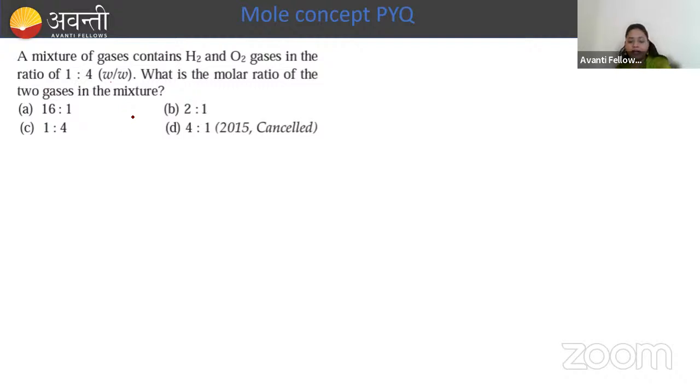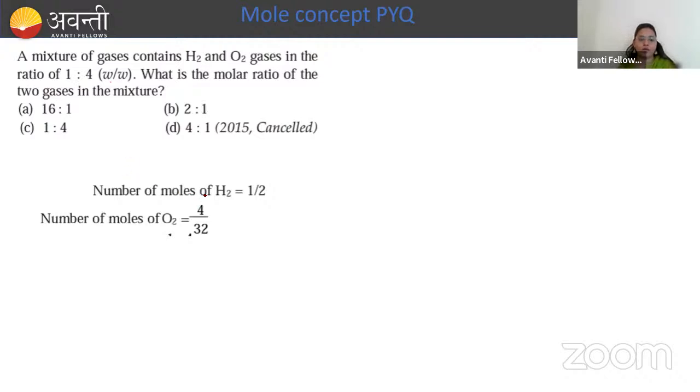From the given data, we can calculate that number of moles of H2 are 1/2 and number of moles of O2 are 4/32. Just put these values and you will know the molar ratio of H2 and O2. So which option will it be? Can you tell me the answer?